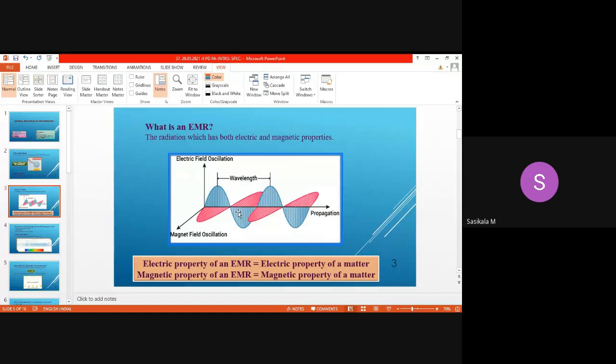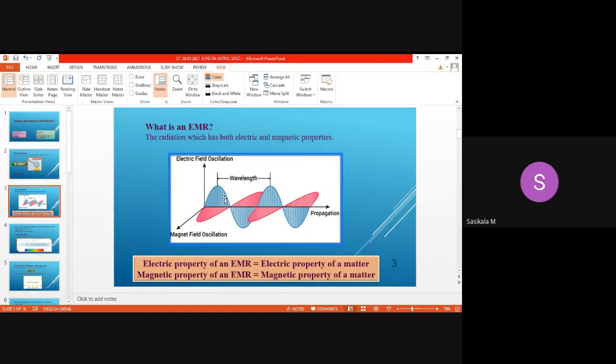Any electromagnetic radiation you take will have two properties, two waves. One kind of wave is called the electrical wave, another kind is called the magnetic wave, and one oscillates in the electric field and the other in the magnetic field.